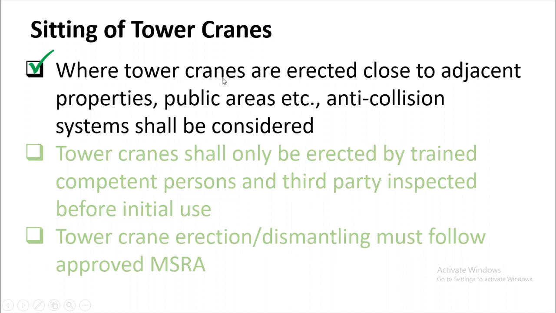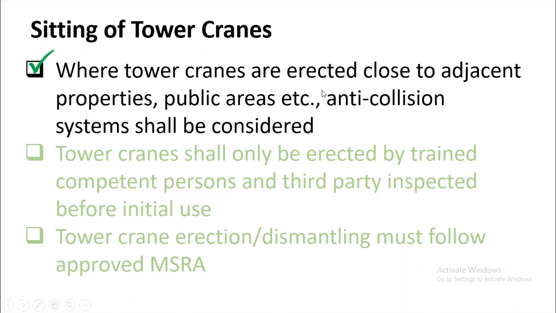Actually, if you have more than one tower crane on the site, there is a requirement now that you need to provide an anti-collision system, especially if your client or your consultants are requiring you to do this. But this is already a requirement in the legislation to provide an anti-collision system.